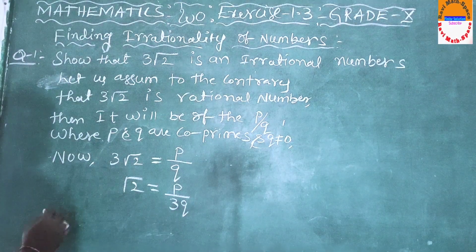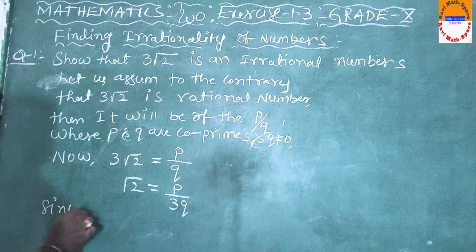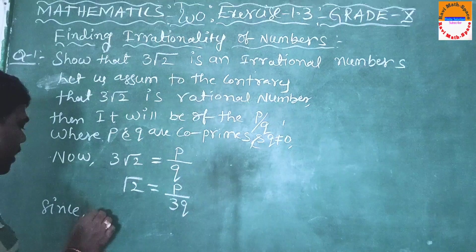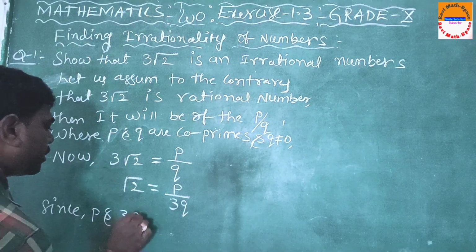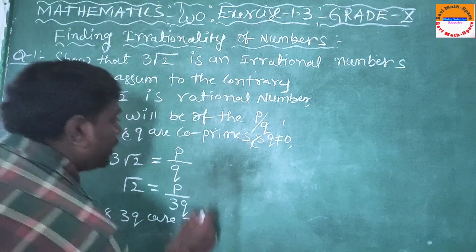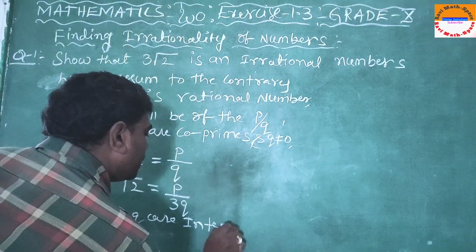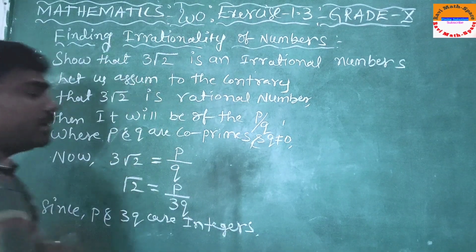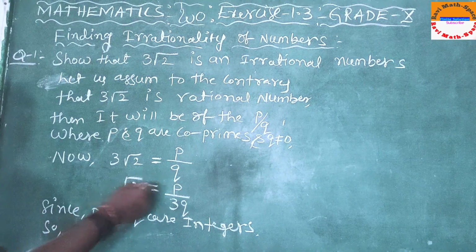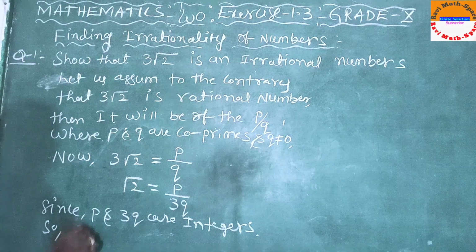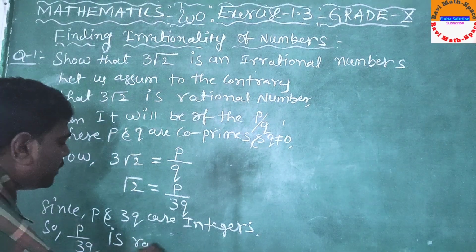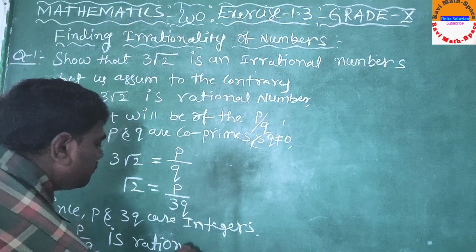Since p and 3q are integers according to the rational number definition, p by 3q is a rational number.